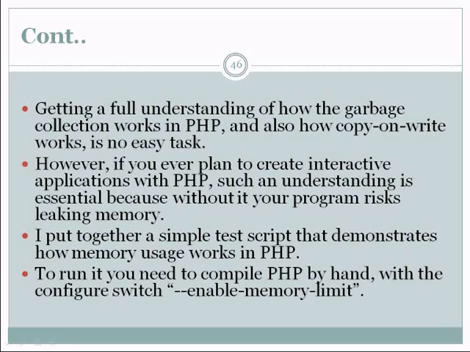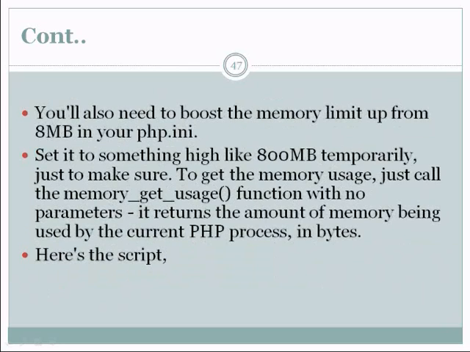To run it, you need to compile PHP by hand with the configure switch enable-memory-limit. You will also need to boost the memory limit up from 8 MB in your php.ini. Set it to something high like 800 MB temporarily just to make sure.